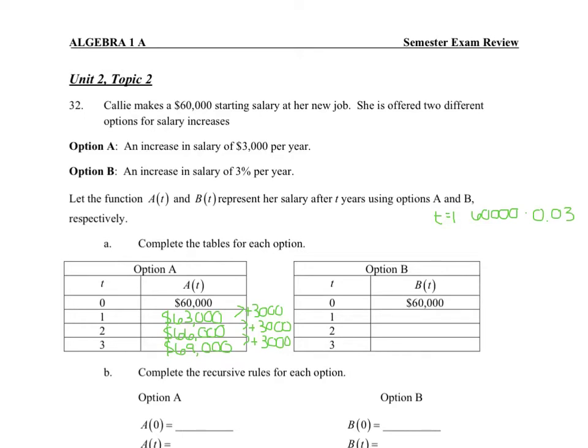And when we multiply these together, we get $1,800. So that's what it's being added by. So we've got our original amount of 60,000 plus 1,800, and that's going to give us a total of $61,800.